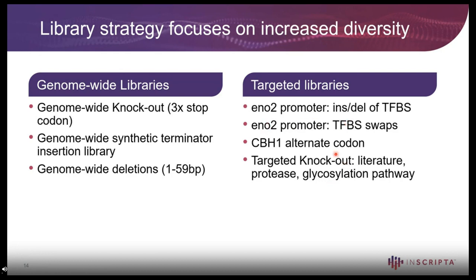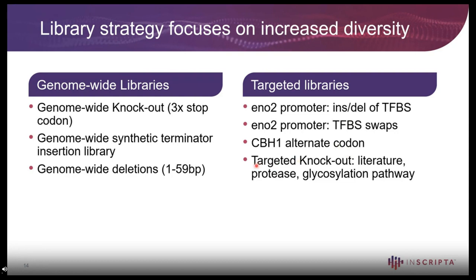We also made a CBH1 alternate codon library, which is essentially a site saturation synonymous mutation library. Essentially what we were doing was we were taking every codon in CBH1 and changing it to all alternate codons that encode for the same amino acid. Essentially, we were trying to do codon optimization of the gene, or see if we could do further codon optimization of the gene.